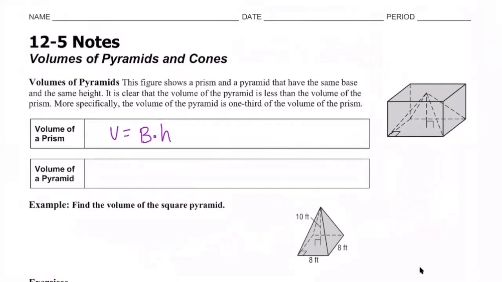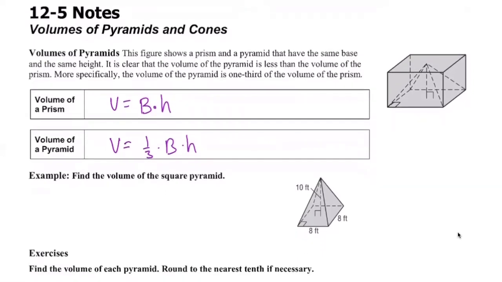The fact that it's able to fill up 3 of those pyramids means the volume of a pyramid is going to be a third base area times height. Thumbs up if you got the visual. Okay, thank you.